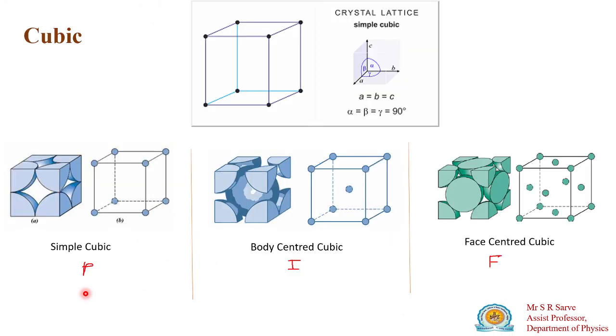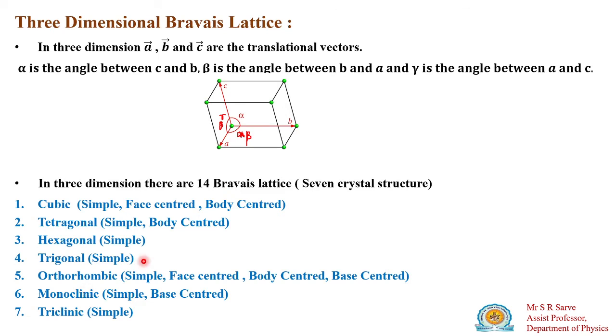How many Bravais lattices are there in three dimensions? 14 Bravais lattices are there. Cubic has 3, tetragonal has 2, hexagonal has 1, simple hexagonal, trigonal is also simple. Orthorhombic has the maximum, all types of that structure. It has four.